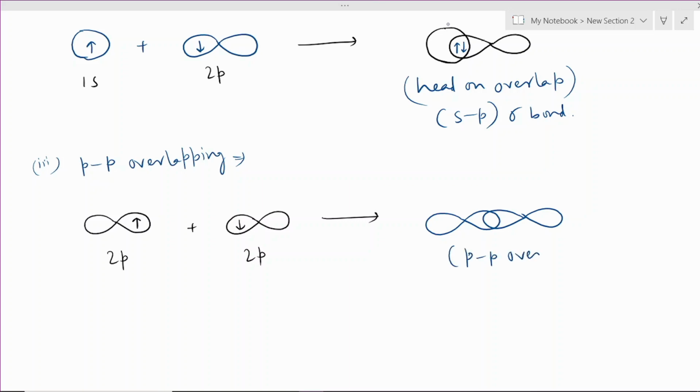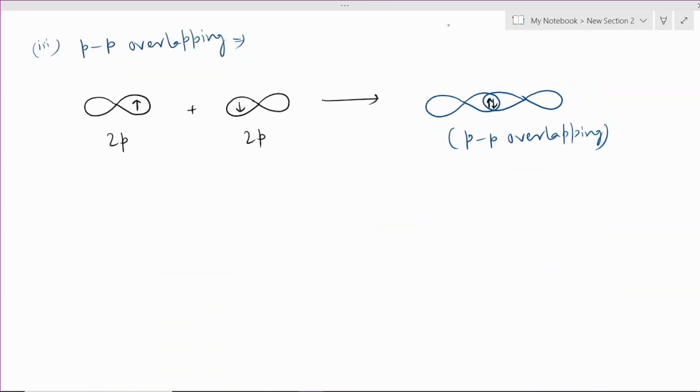This is p-p overlapping. These are the two electrons. This is also a head-on overlap, and we get a p-p sigma bond.